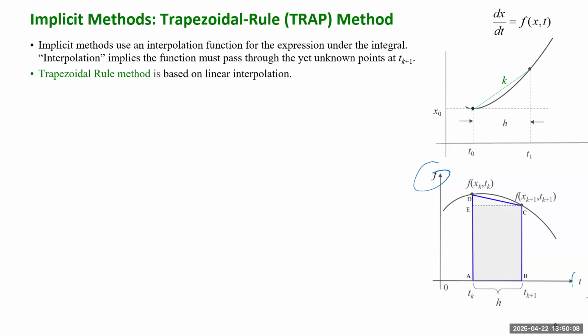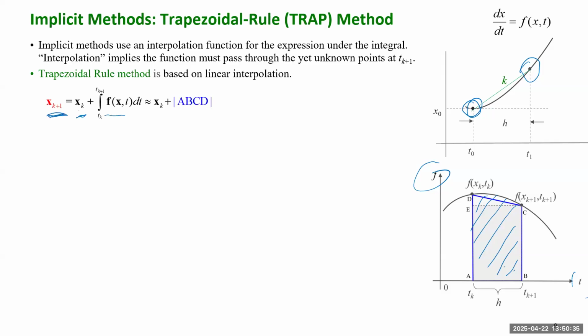To calculate from the initial state to the next state, I need to integrate everything under this curve. The total area under this curve will tell me how much the state variable will change. So to calculate s_{k+1}, it will be s_k plus everything under that curve.